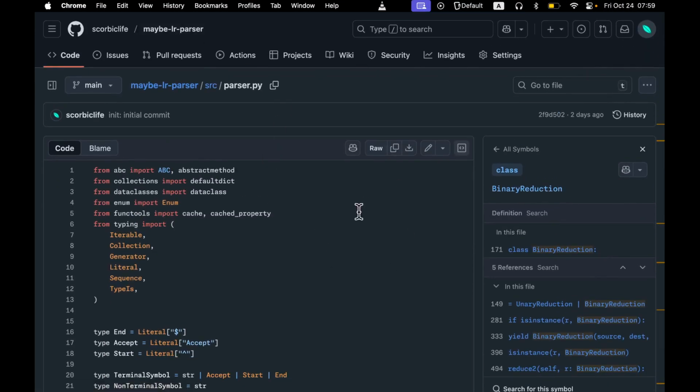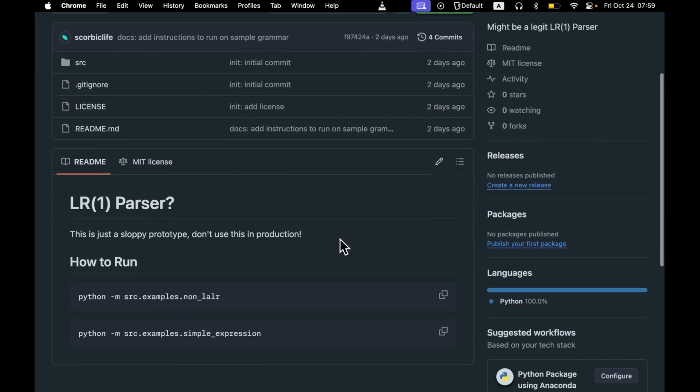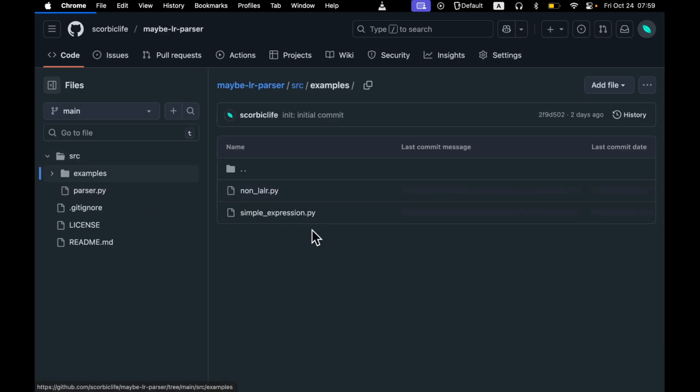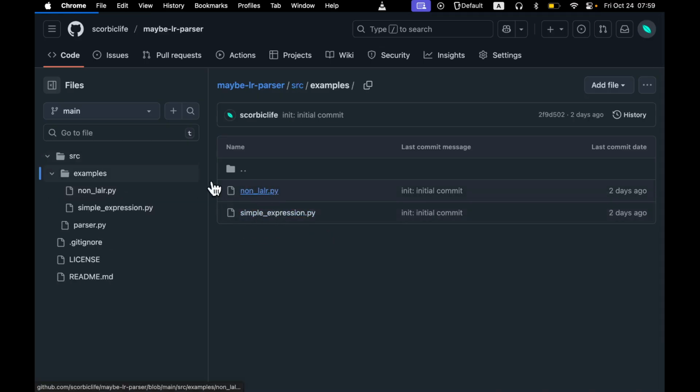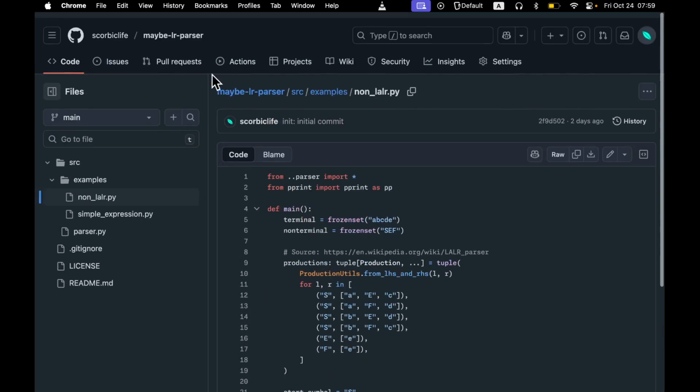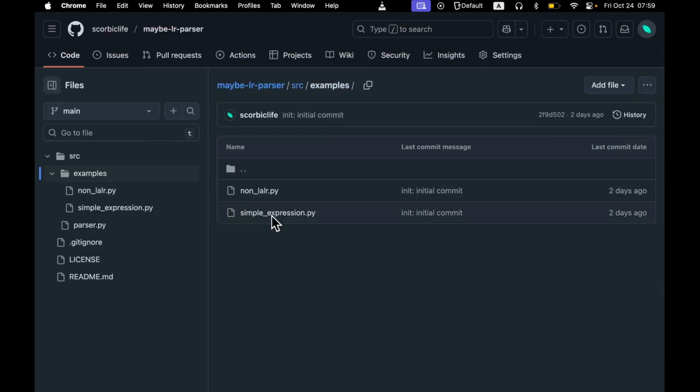Here's the repo that I implemented. I'm so tired. I have an example of a non-LALR grammar that this parser is able to parse, so that's interesting.